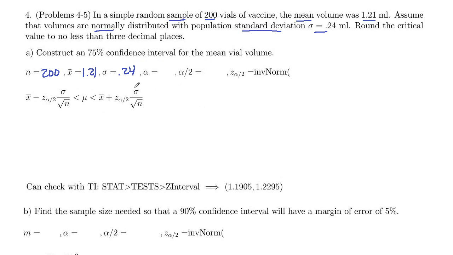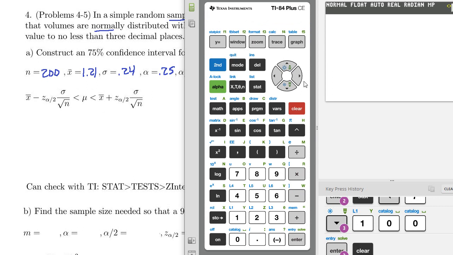So I've got the confidence interval formula here. And our confidence level is 75%, so that means alpha is 1 minus 0.75, 0.25. So alpha over 2 is half of 0.25, 0.125. Then for our z alpha over 2, we're going to use inverse norm to get that.